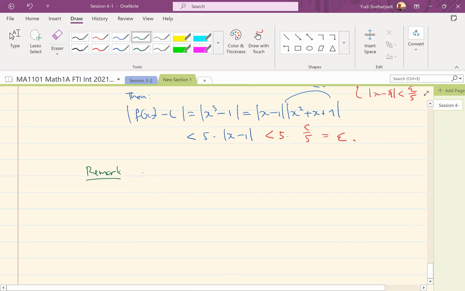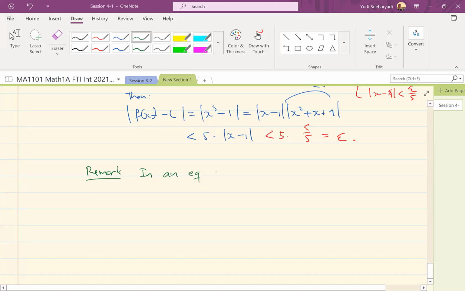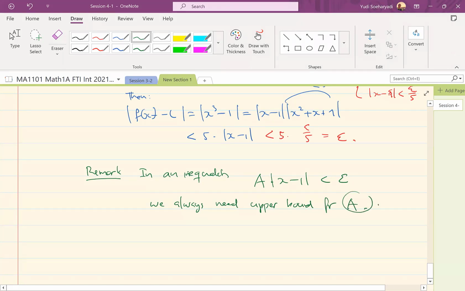Just a remark. In an inequality, say a times absolute value of x minus a less than epsilon, we always need an upper bound for a, the largest possible a.